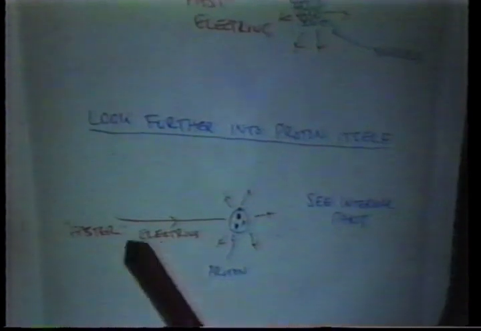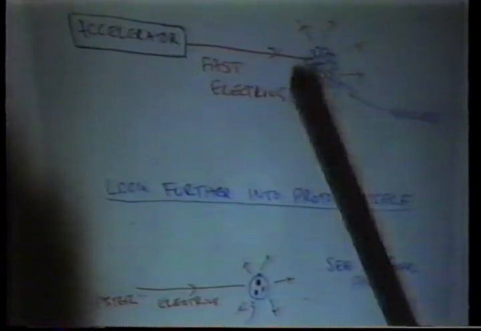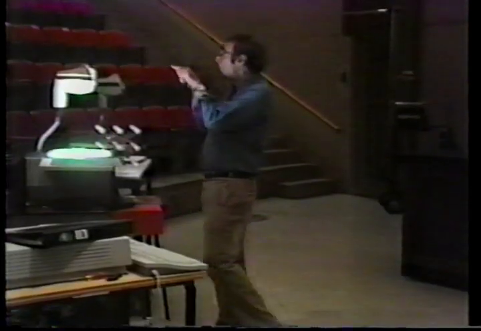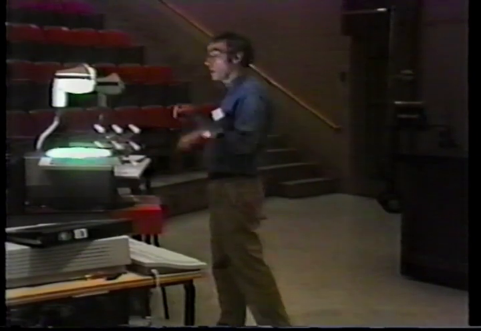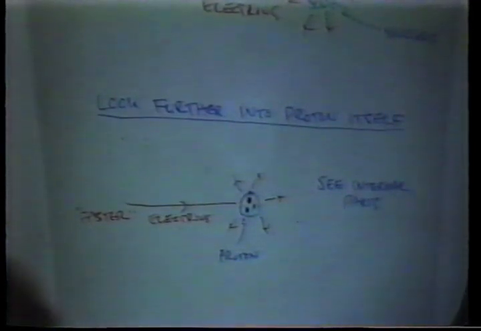This requires a finer microscope than one has simply for looking inside the nucleus, because you want to look at even finer details, but they're much smaller. So if you look inside the proton, you have to use faster electrons, but you can do exactly the same kind of experiment.